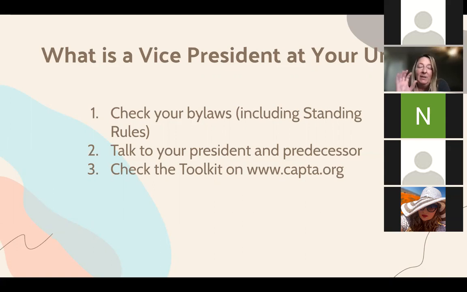That should be right there in the body of your bylaws or in the standing rules. It will specify which ones are VPs. And a lot of units also have within their standing rules job descriptions of each of those things. So that's the number one place for you to look.